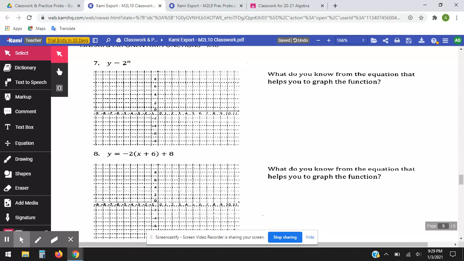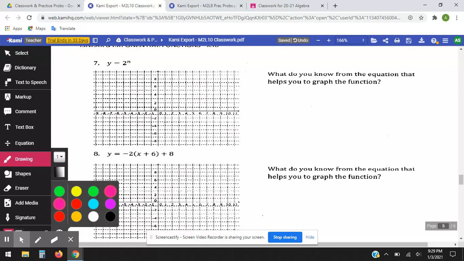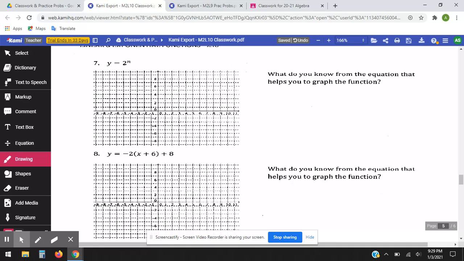All right, so let's scroll up here. How about this one? What do I know? And what helps me graph it? Well, there's an exponent, so I'm going to put exponential on here. It's not recursive, so I'm going to do continuous. I also know that my y-intercept is (0, 1), because if I put a 0 in there for my x, my answer would be 1.